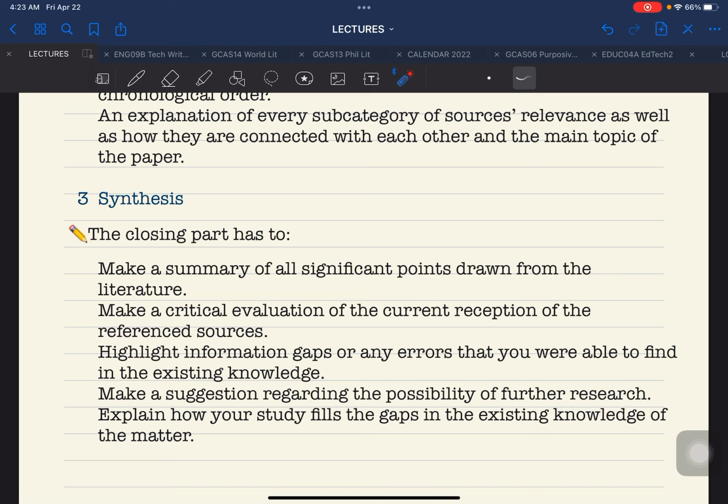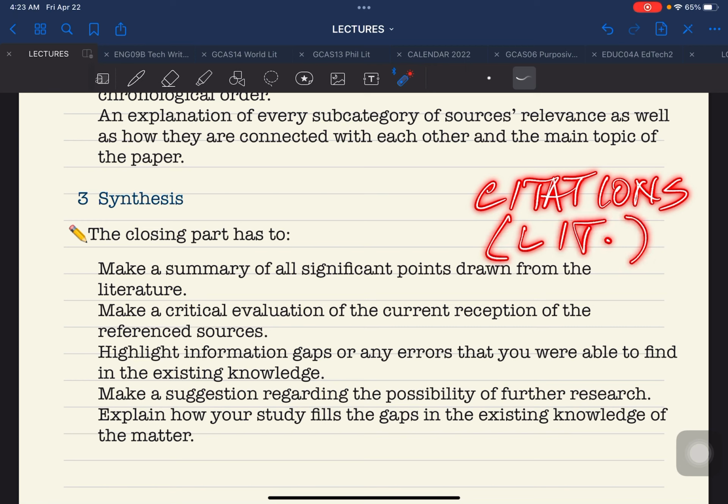Now, you're using the RRL, Review of Related Literature, in order to support your claim that is found in your study. So, your study should always be related to the citations or literatures that you are discussing.